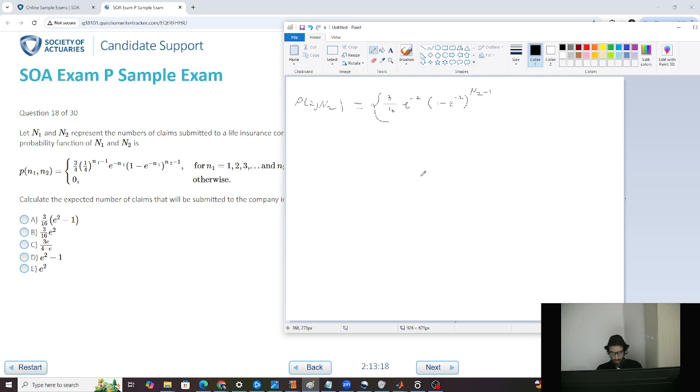Without this, you've got a decay constant of 1 minus e to the negative 2.